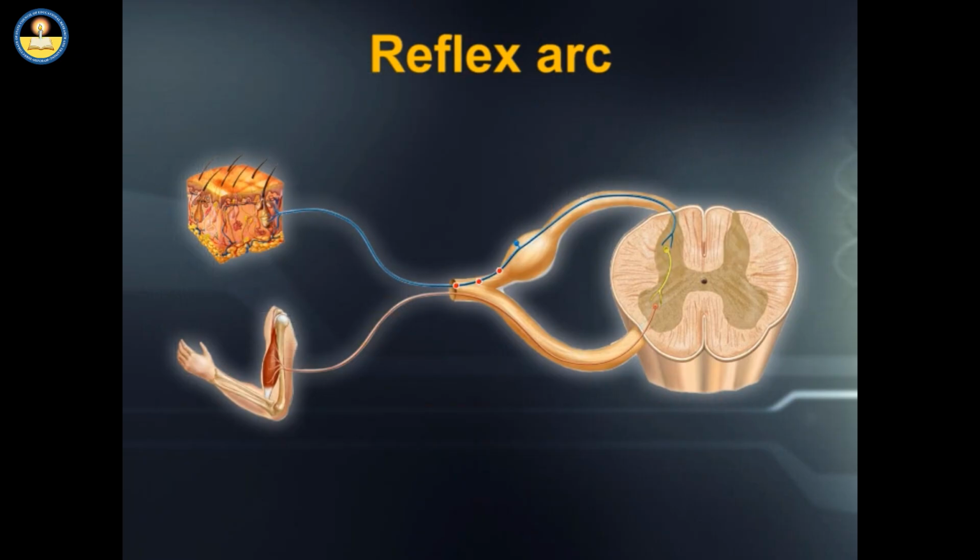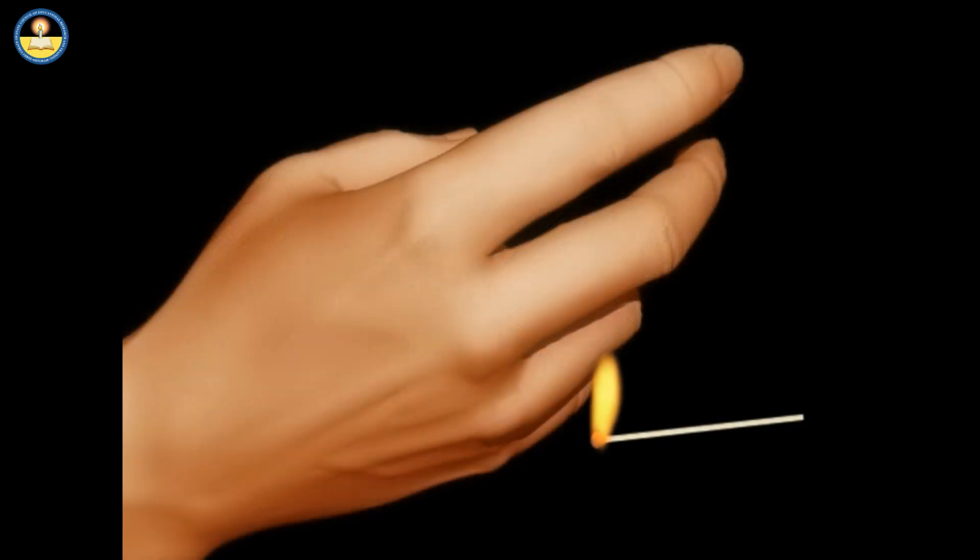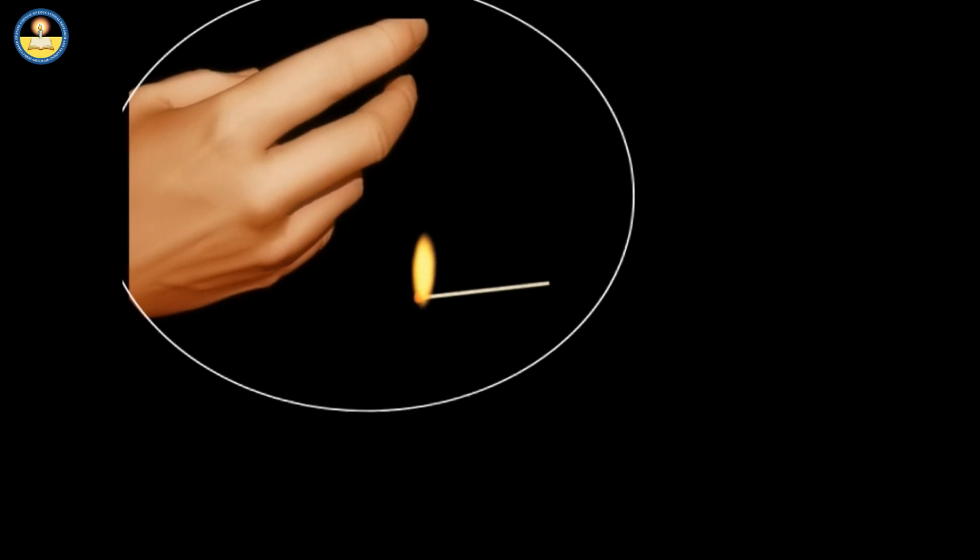The receptor responds and sends the information via the sensory neuron. It reaches the spinal cord and here the interneurons take over the situation. The motor neuron receives the information and immediately the muscles involved contract to produce a withdrawing snap action.